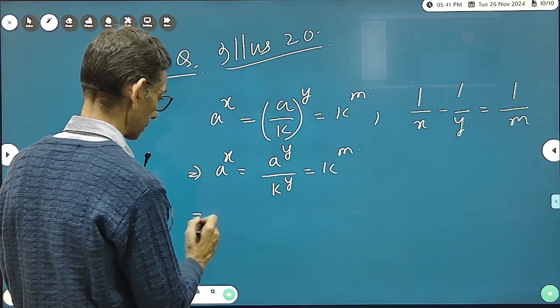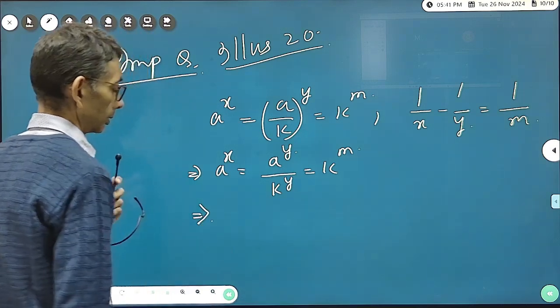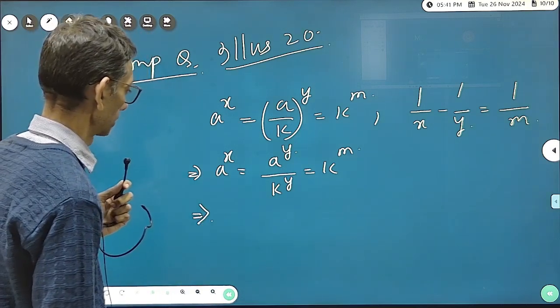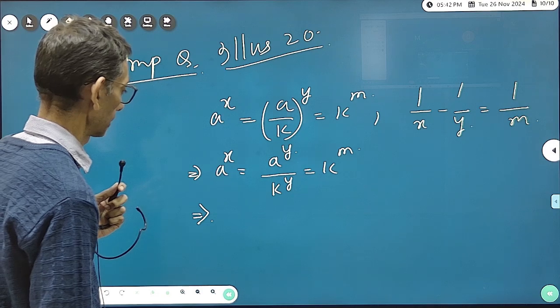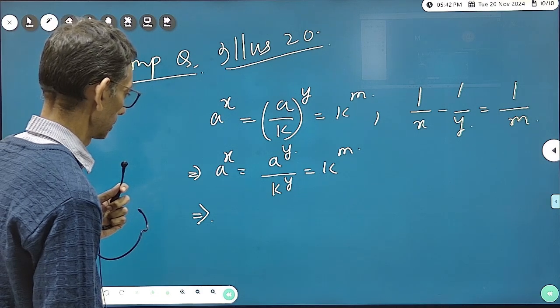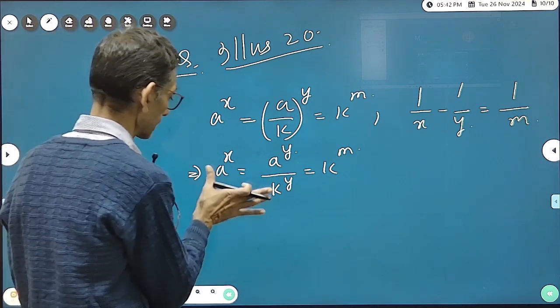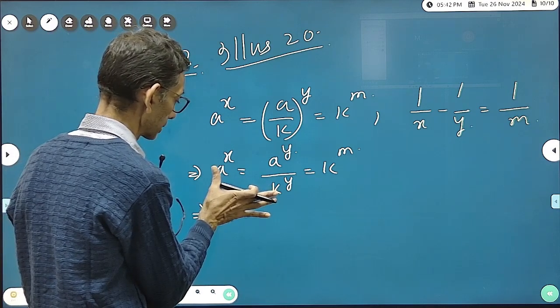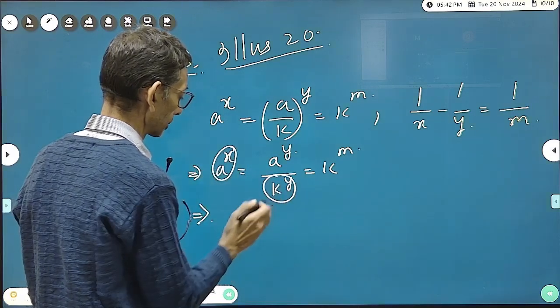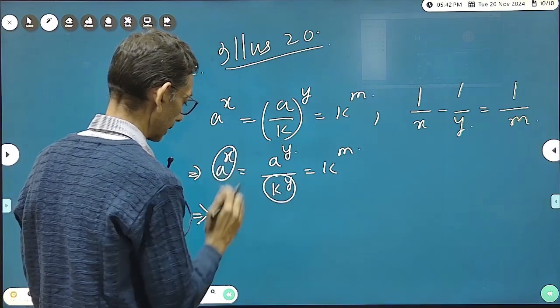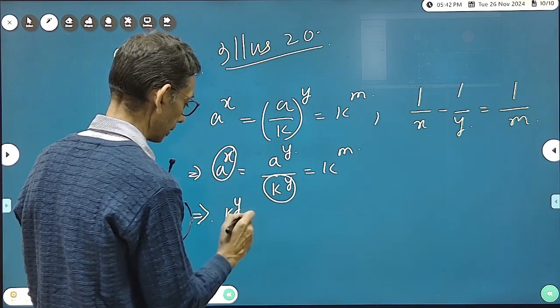This implies, keep in mind the values of 1 by x and 1 by y, right? So you can do one thing. I'll just interchange these two places, a^x and k^y. I'm bringing k^y this side, k raised to the power y.